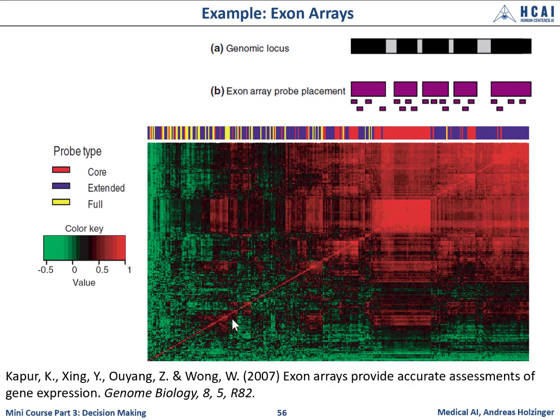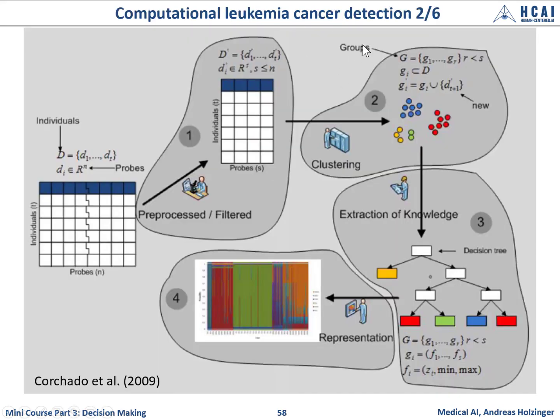And this is an early example, and I show you this computational leukemia cancer detection. This was one of the first works by Corrado et al. This is a hybrid system, including 3 experts in sequential order. So you have here humans in the loop and integrating completely different techniques.